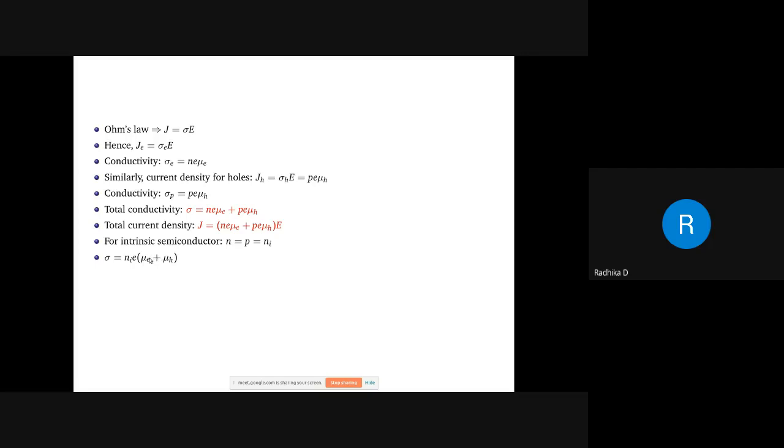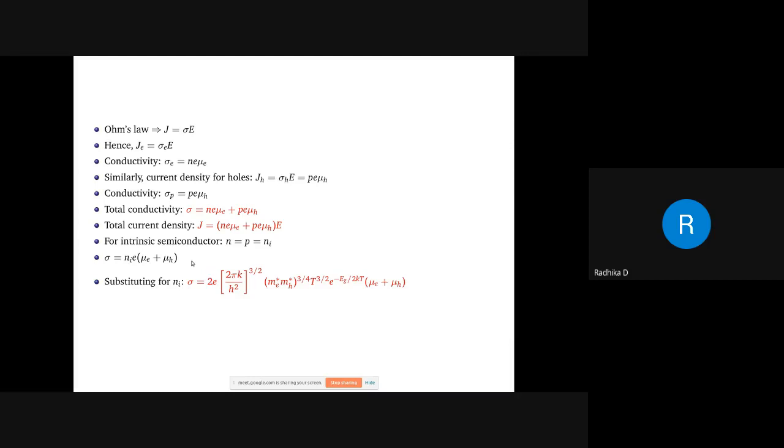Next step, what are you going to do? I already know what is Ni, right? We got this big expression in the morning. 2 into 2 pi k by h square raised to 3 by 2, m star e m star h raised to 3 by 4, T to the power of 3 by 2, e to the power of minus Eg by 2kT. Correct? I just substitute for Ni in this particular expression.